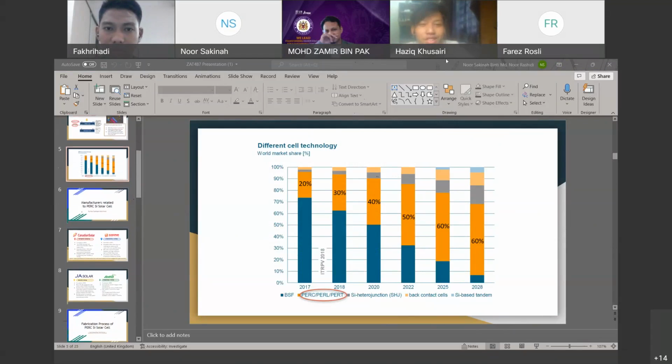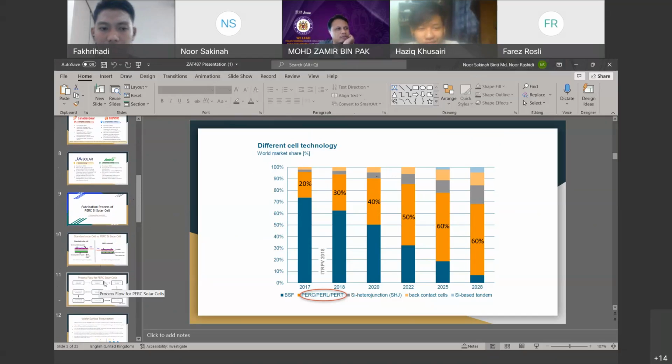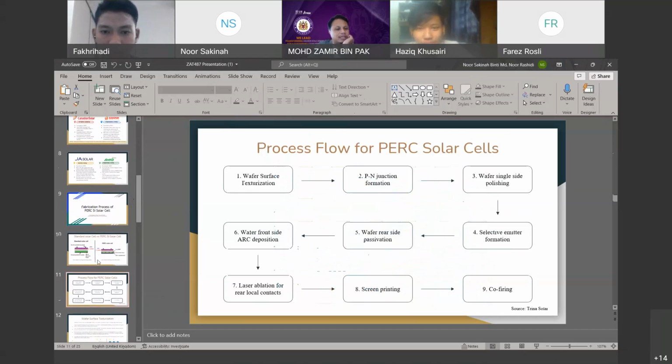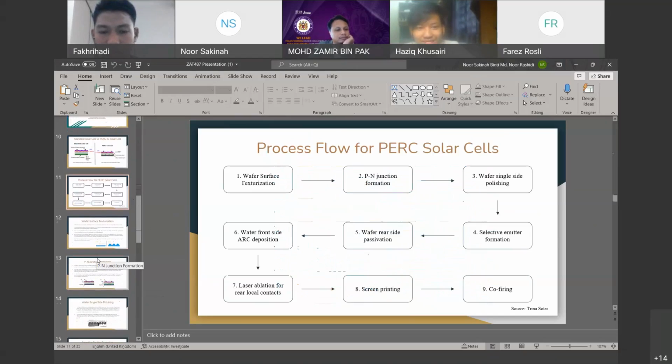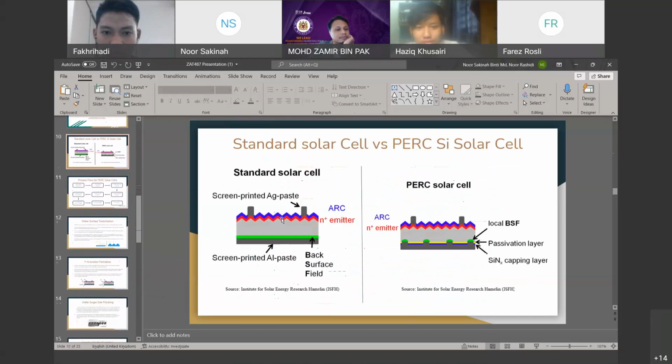Okay, maybe to Faris. Faris, what makes manufacturers move from back surface field, BSF, to PERC? Slide number 10. Yes, why BSF to PERC?